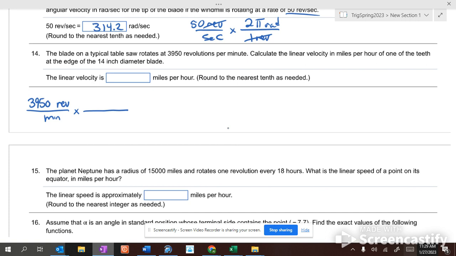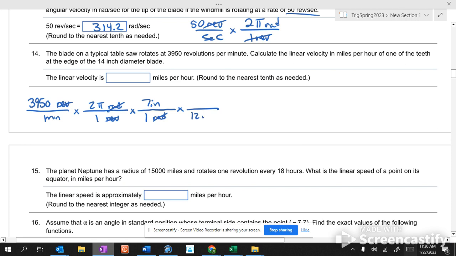times 2 pi radians over 1 revolution times the radius, which is 7 inches over 1 radian, times, now we have to change it into miles per hour.